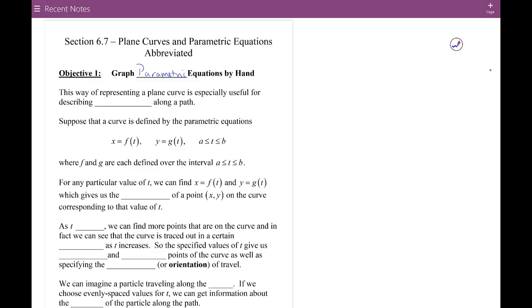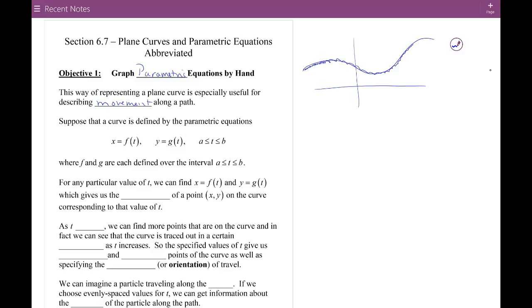And this way of representing a plane curve is especially useful for describing movement along a path. So if your plane curve is going along some kind of path, but maybe you have a particle that's going slower, and then it's going faster, and then it's going slower, the parametric equations can describe that movement in a way that the static graph of just y equals f of x can't.